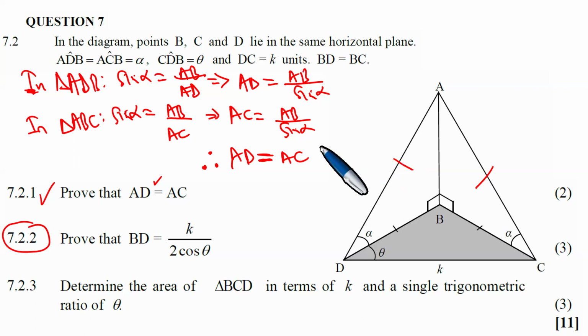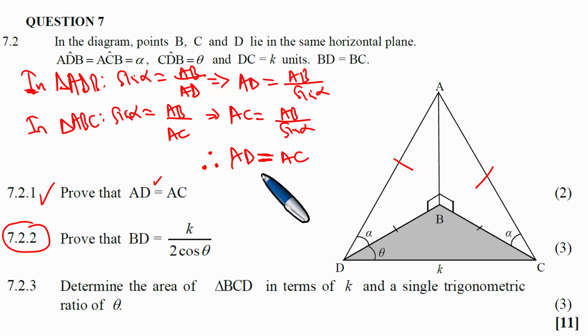Okay, yeah. You are speaking about parallel lines now. Equal line segments, like AD equal to AC, are equal, but they're not parallel.